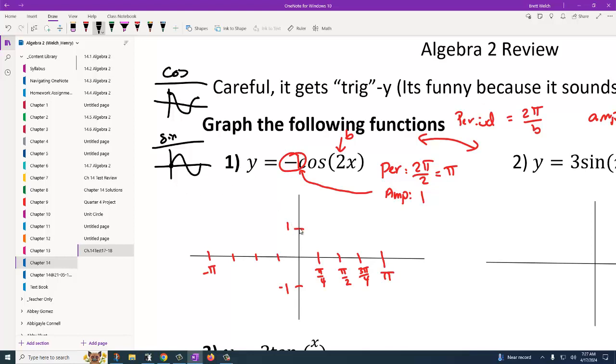Normally, cosine starts up at its high amplitude, but because of the negative in front of the equation, it's telling me that this is going to be upside down. So instead of starting at the high point, it's going to start at its lowest point. Come up through the center to its highest point, down, and it always ends right where it began.